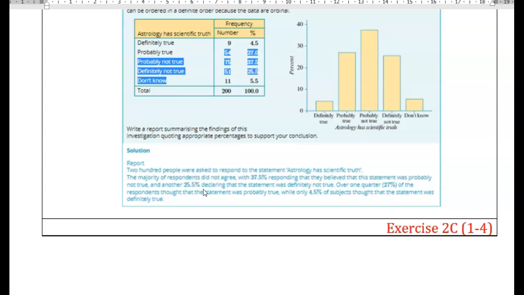And another 25.5% declaring that the statement was definitely not true. Okay, so we're looking at both this column here and this one here. Over 1/4, so 27% of the respondents thought that the statement was probably true, while only 4.5% of subjects thought that the statement was definitely true. So just going through and talking about the other categories as well.